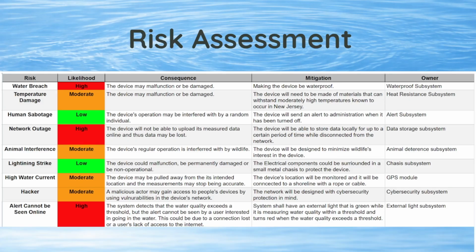Obviously, some risks have more weight than others, and so those take much higher priority. But regardless, every risk has a mitigation that we plan to tie back to certain requirements for the system. Once the system is complete, these risks should be flattened out so that they're no longer risky for the system. We want to make sure they're all covered.